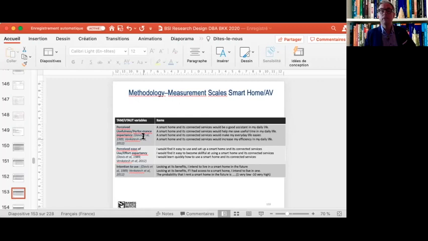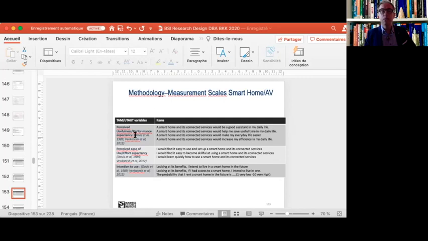A smart home would help me save usable time in my daily life, would make my everyday life easier, and would increase my efficiency. Effort expectancy was also measured with Venkatesh and colleagues 2012. I would find it easy to use and set up a smart home and its connected services. I would find it easy to become skillful by using a smart home. I would learn quickly how to use a smart home.